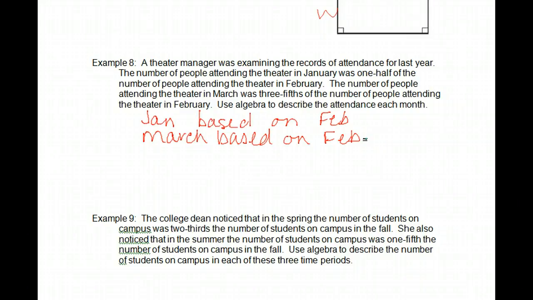Use algebra to describe the attendance for each month. Since January and March were both based off of February, that tells us that my starting point is the attendance in February.